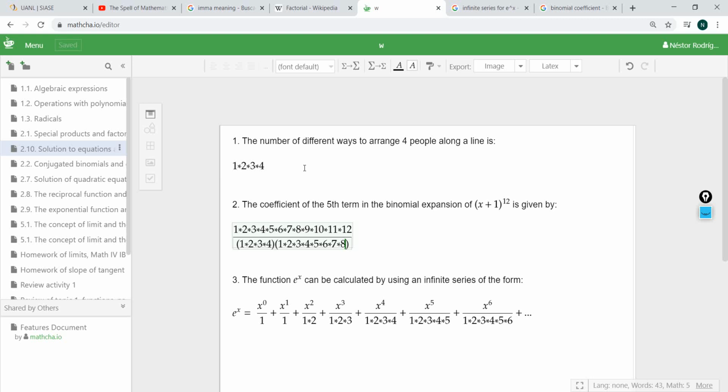What do I mean by this? I suppose by now you have seen the concept of factorial. For example, when we say n factorial, which is the product of all the integers, 1 times 2 times 3 times 4 and so on, up until n.